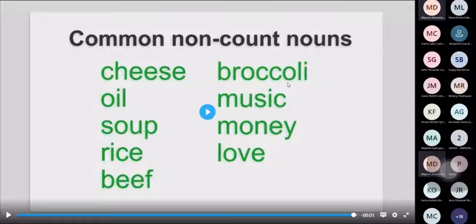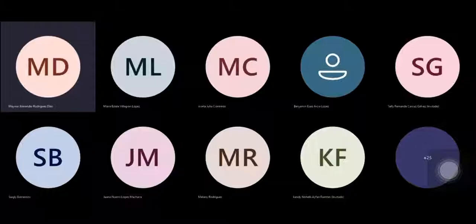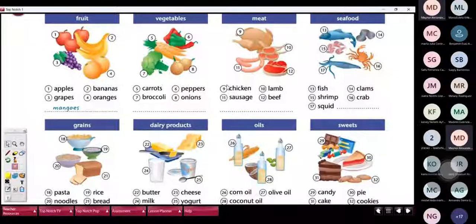Entonces, volvamos otra vez a lo que estábamos viendo en cuanto al vocabulario y veamos cuáles de los que tenemos ahí son contables o no contables. Fruit. In this case, fruit in general is non-count. Fruta en sí, en inglés, es sustantivo no contable, pero ya las frutas en particular, la mayoría son contables.